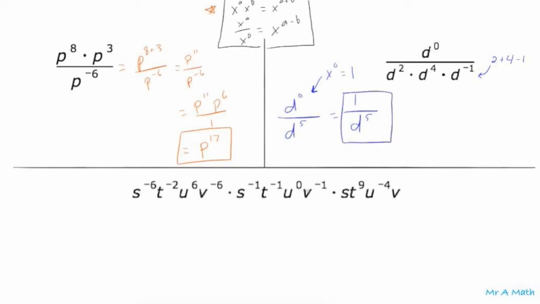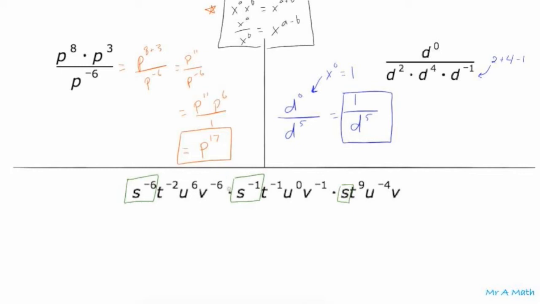And then lastly, we have this big, long example here. And now this is just where we have to pay attention to detail and make sure that we combine all like terms. So I'm going to go ahead and box the s's in green. So all my s terms here, we notice that s to the 6th times s to the negative 1st.